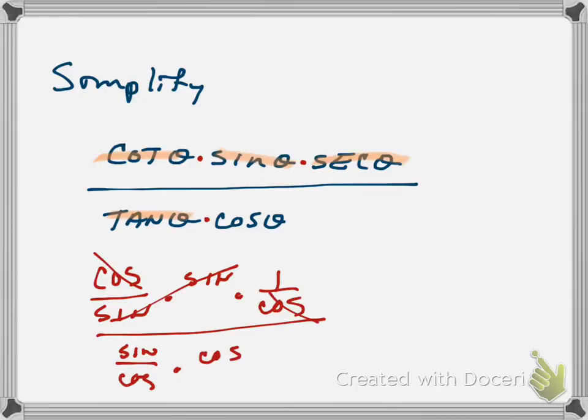And I see that. What is not crossed out on top? 1. What is not crossed out on the bottom? Sine. And what does that equal? Cosecant.